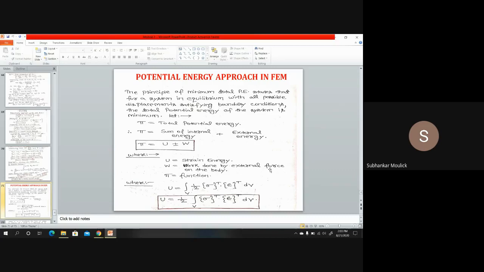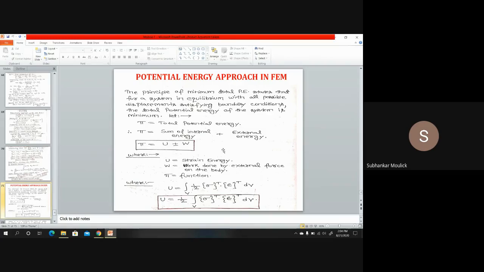The forces acting on the body, which constitute these external energies, are the external forces acting on the body. So by that sign convention, we are taking all the external energies acting on the body to be negative. So your final equation becomes pi is equal to U minus W.